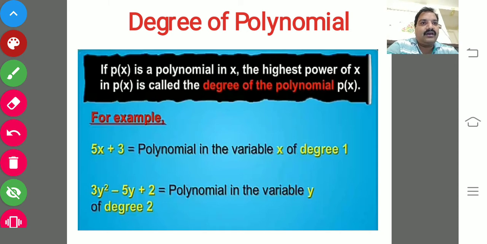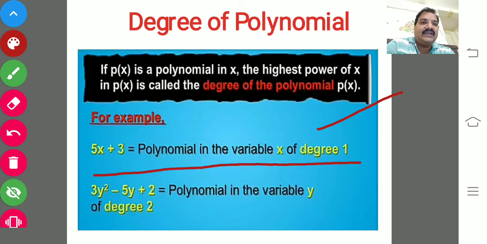Now, we have already discussed what the degree of a polynomial is. If p(x) is a polynomial in x, the highest power of x in p(x) is called the degree of the polynomial p(x). Take 5x + 3, a polynomial in the variable x of degree 1 because the power of x is 1.